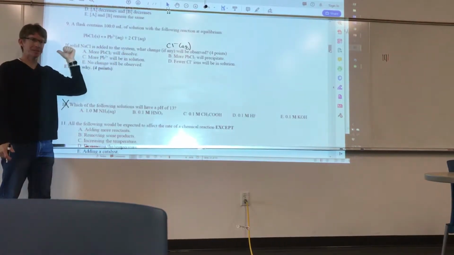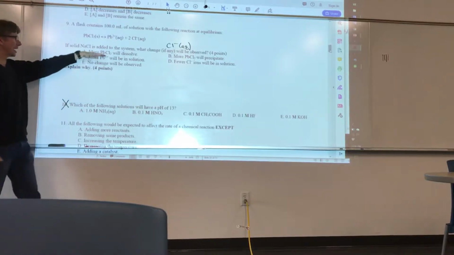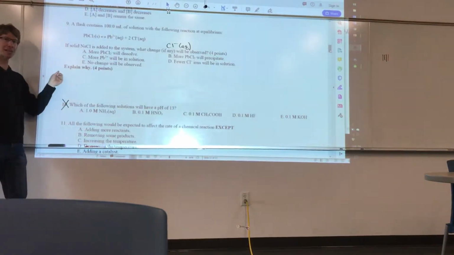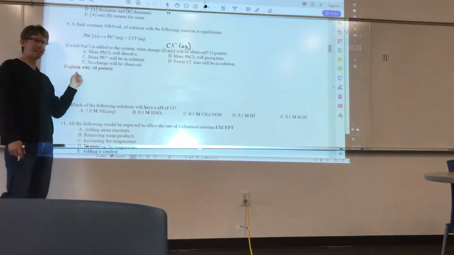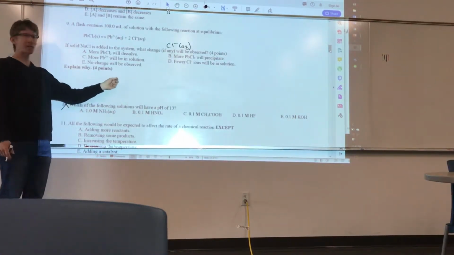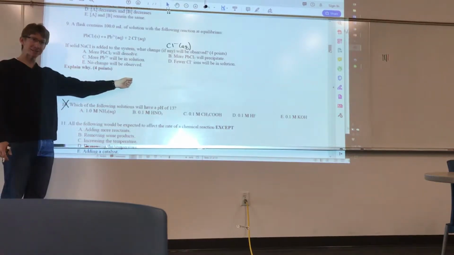To the left. And so you're going to guide which answer you choose based on knowing that the reaction shifts to the left. And your answer should say something like, when you add sodium chloride, you're adding more chloride ions.